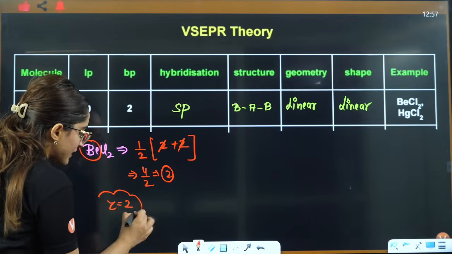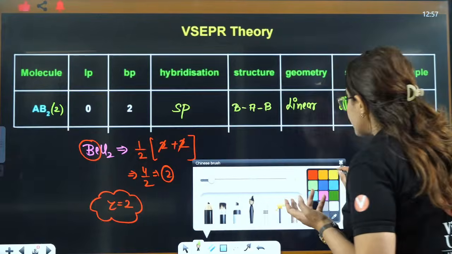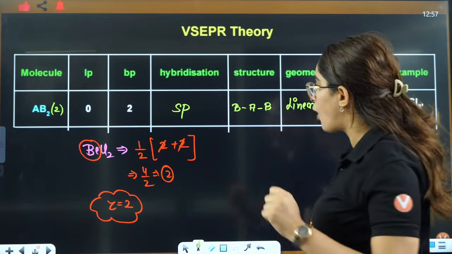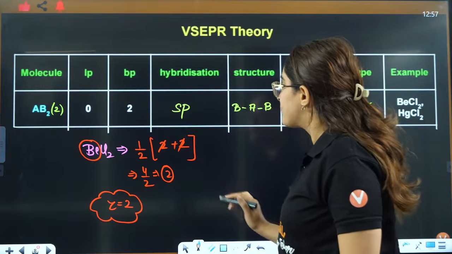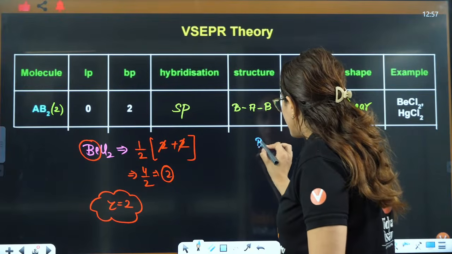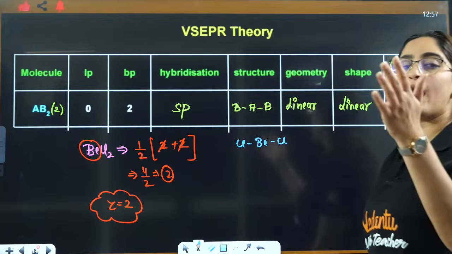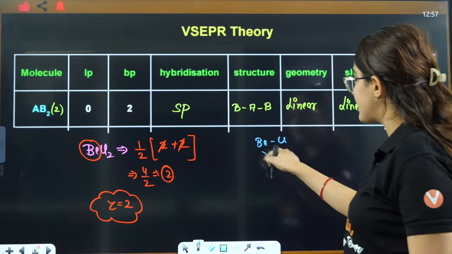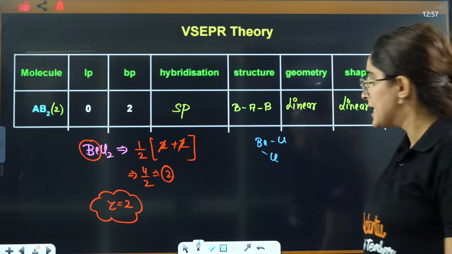Steric number you will calculate from the formula, right? But ma'am, now we just have the steric number. We still don't know how many lone pairs and bond pairs there are. So how do you calculate them? You simply write here BeCl2. Even if I have no idea about the shape, I can still say that 2 bonds will be formed here because in the formula it is BeCl2, right?